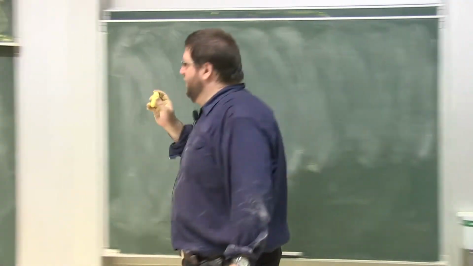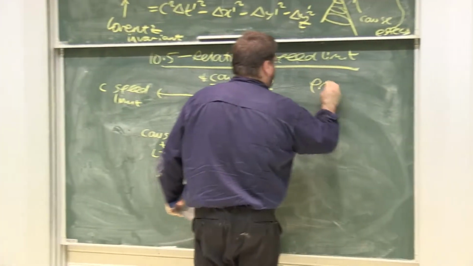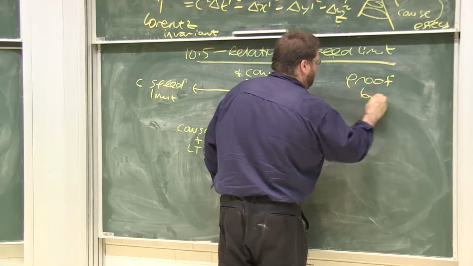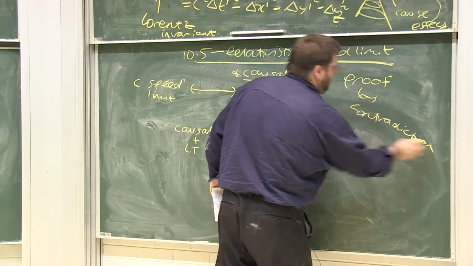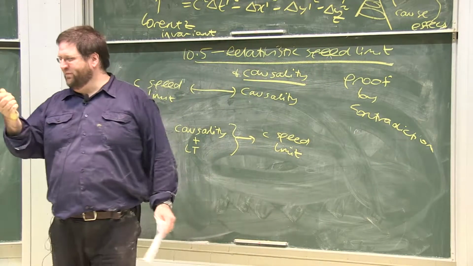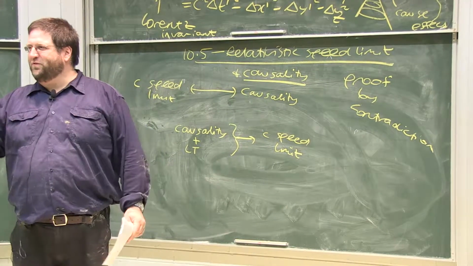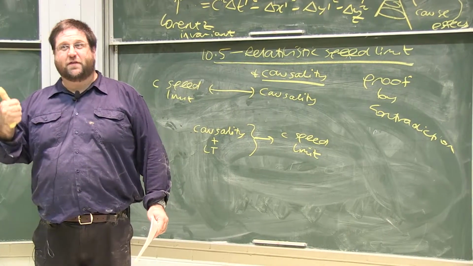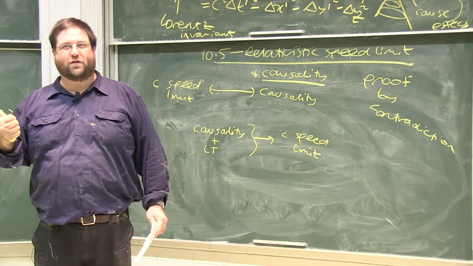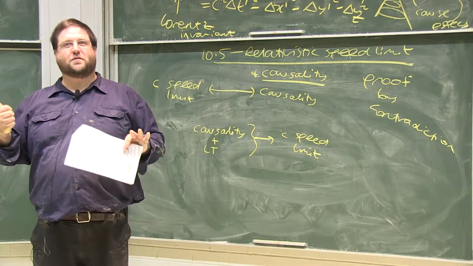So for those of you who have not seen a proof by contradiction before, it's the following. It's a bit of a torturous chain of logic. You assume that what you want to prove is false. You show that as a logical consequence of that assumption, this leads to an absurdity.